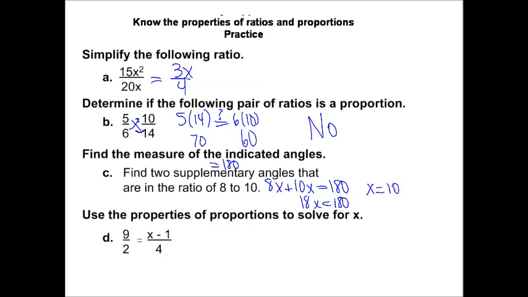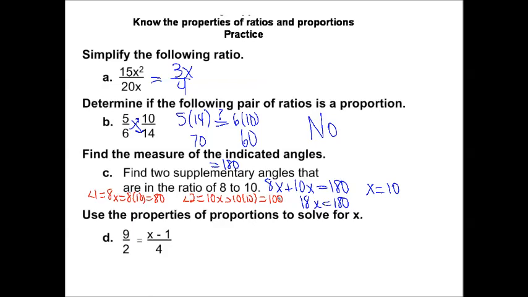Okay. And then angle 1 is 8x, which is 8 times 10, which is 80. And angle 2 is 10x, which is 10 times 10, which is 100. Good?